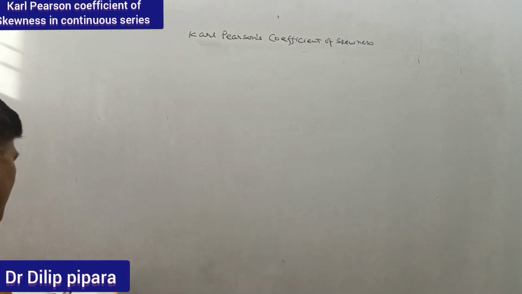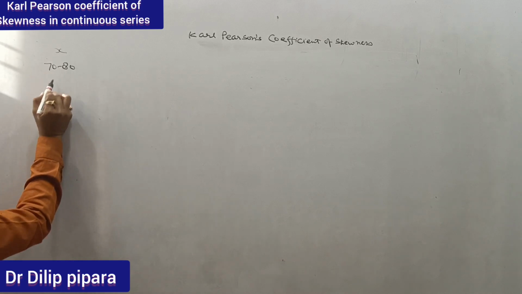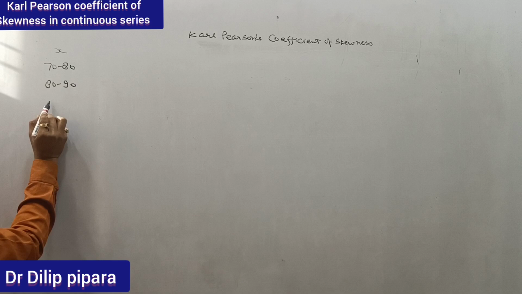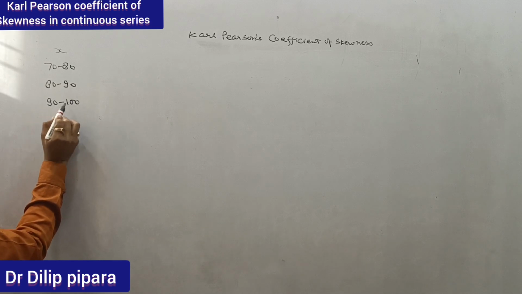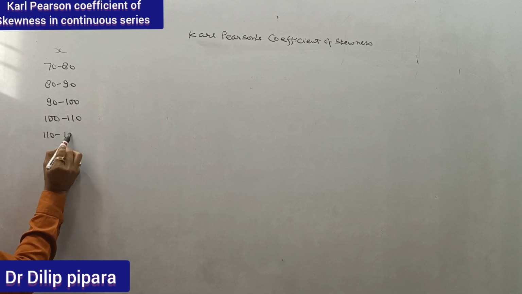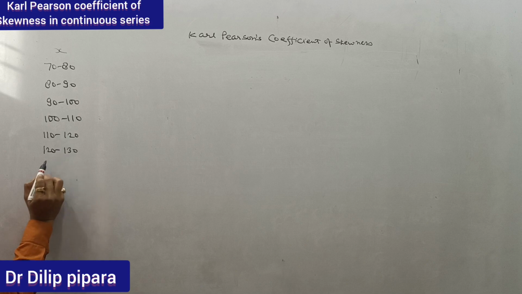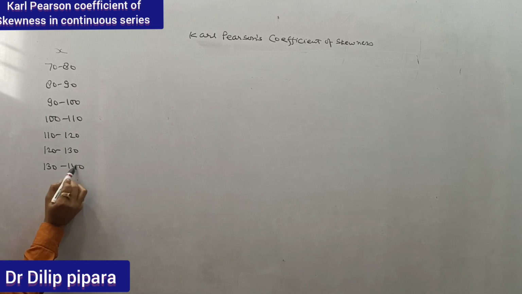The class intervals are given as 70 to 80, 80 to 90, 90 to 100, 100 to 110, 110 to 120, 120 to 130, 130 to 140, and the last one 140 to 150.